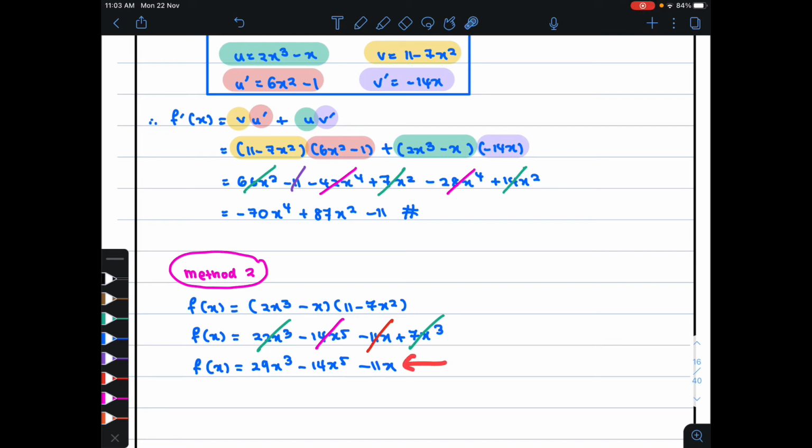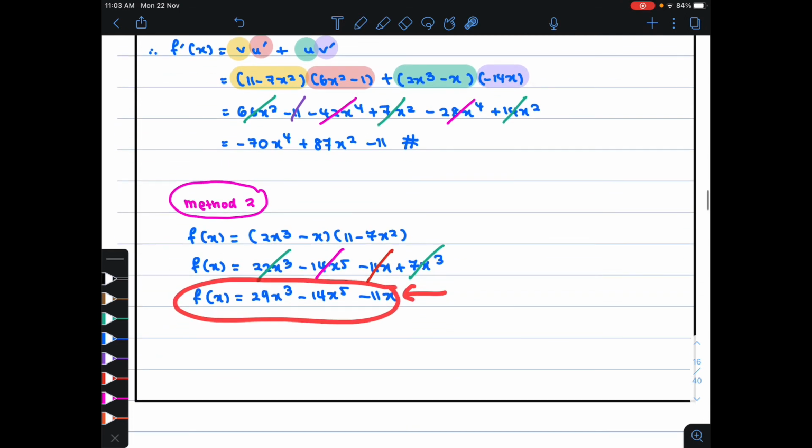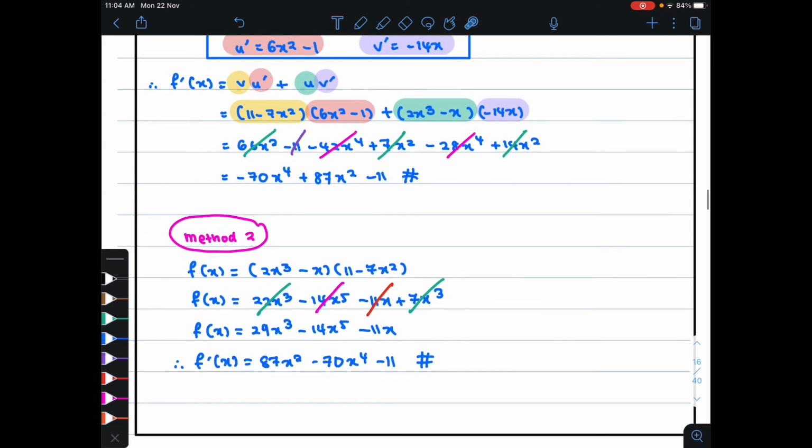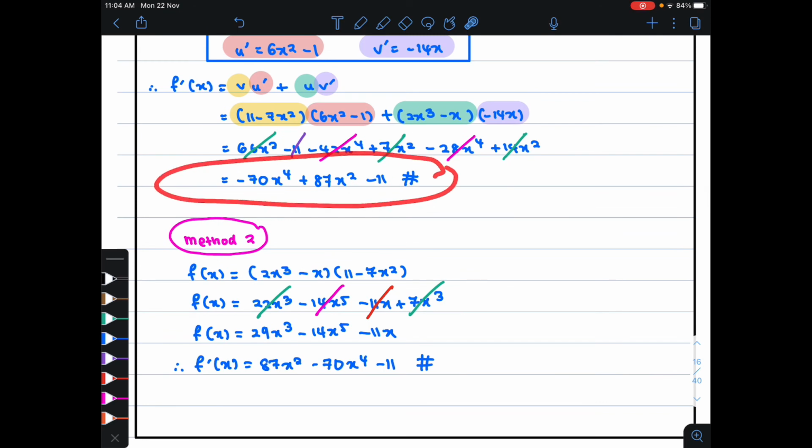And now we can differentiate f(x) to find f prime x. And hence you can see that f prime x that we got here is the same as f prime x that we got using method 1.